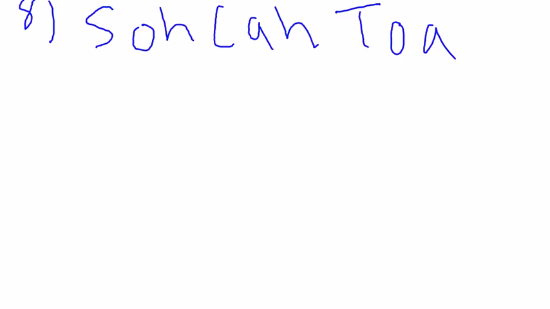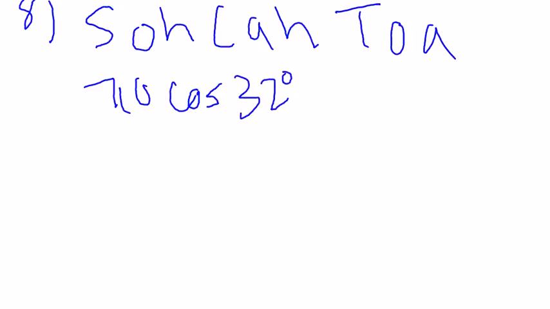With my numbers, I have 710 cosine 32 degrees. Then you plug it all in with the calculator, and make sure your calculator is in degree mode and not radian mode, because you get a way smaller number than you should. My answer, I got 602.11.